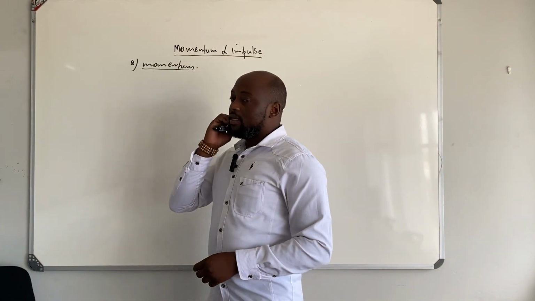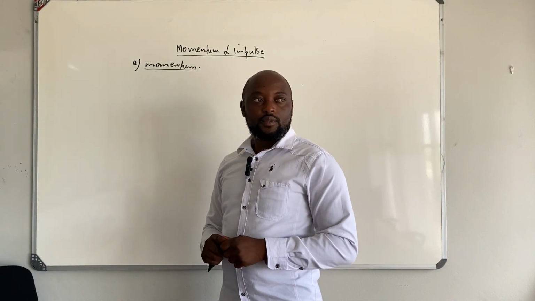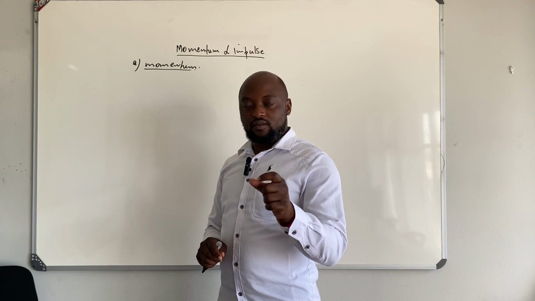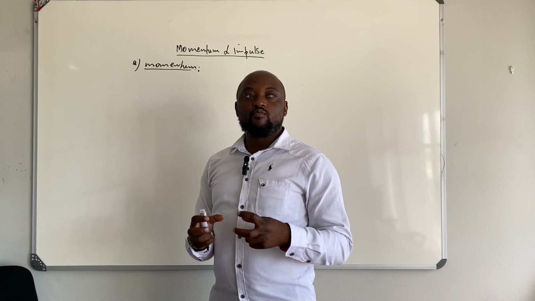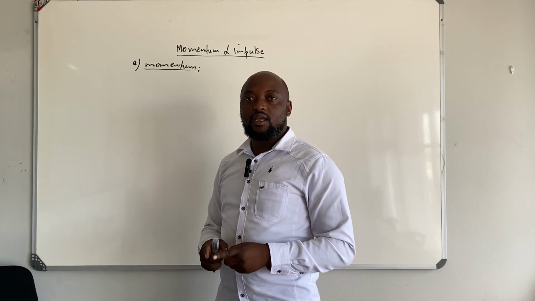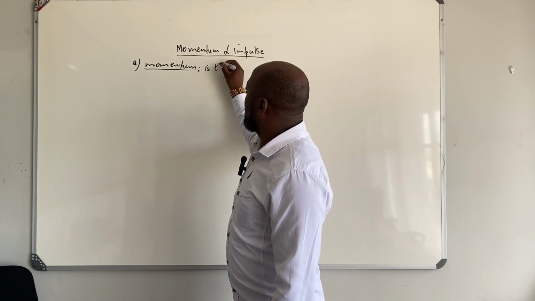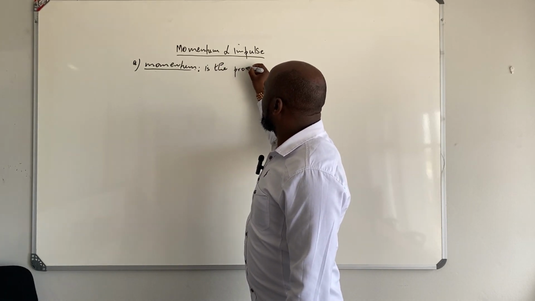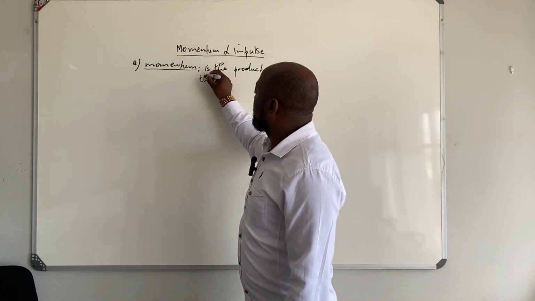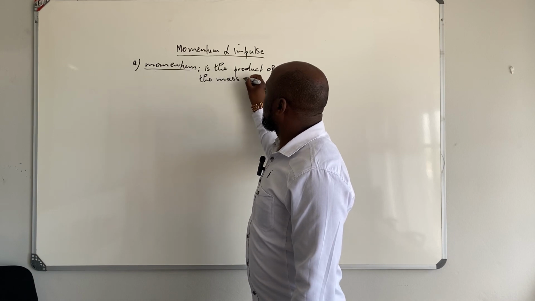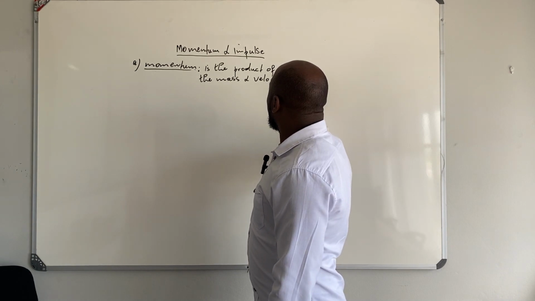When we talk about momentum, it's a combo made of two key components: the mass and the velocity. So we define momentum as the product of the mass and velocity of an object.